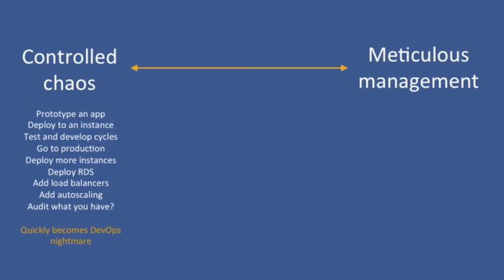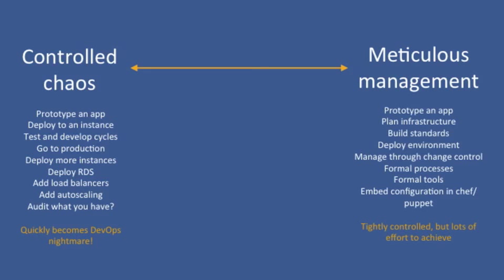So this works for a lot of people, but it has a different set of dynamics, as opposed to what I call meticulous management, where we prototype an app, plan the infrastructure around that prototype, and might implement build standards for that application, deploying environments such as test and pre-production. We manage the deployment and change of the application through change control, implementing formal processes, often formal tools, and embedding configurations into software frameworks such as Chef and Puppet.